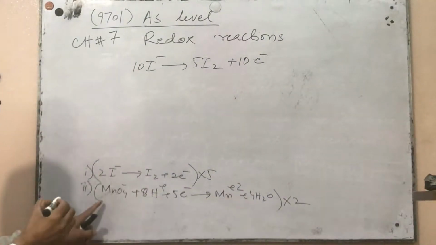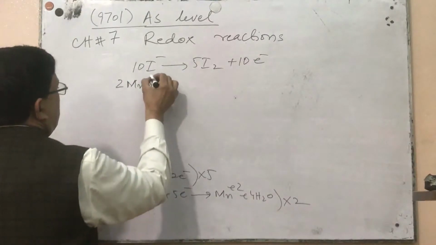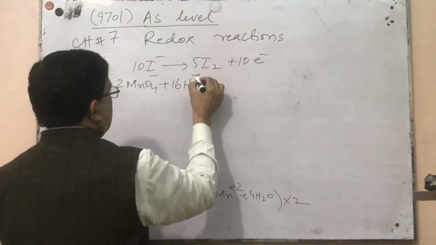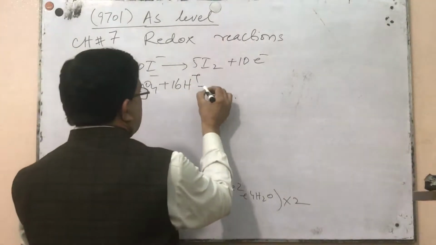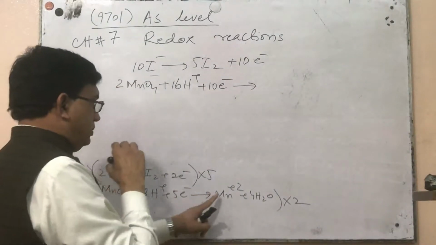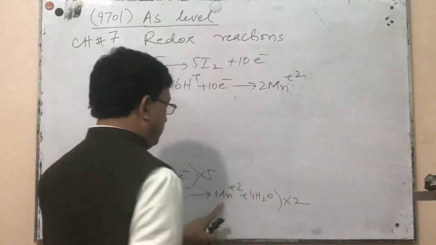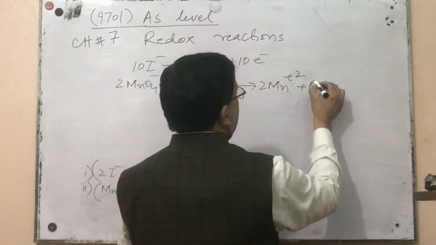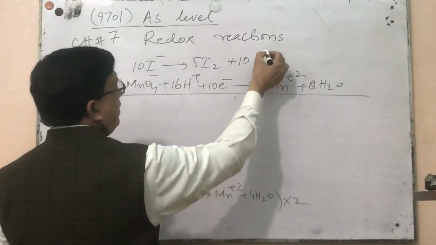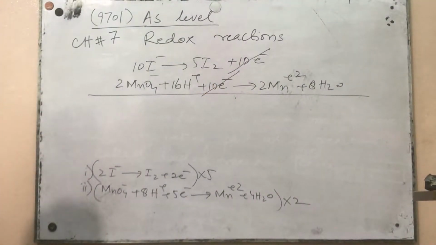Now multiplying the second equation: 2MnO4⁻ + 16H⁺ + 10 electrons gives 2Mn²⁺ and 8 water molecules. We have to add both of these. The electrons lost are cancelled by the electrons gained.